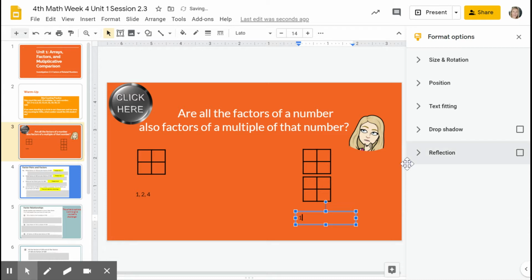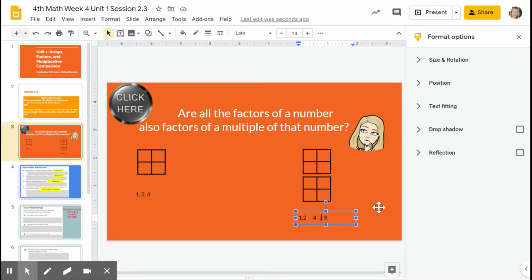We could do 1 times 8. I'm going to put my 8 at the end. We could do 2 times 4. Now for me, I'm just using my math facts to do this in my head, but you could also use the array if you needed to. 2 times 4. 3, no, and 4 is already done, 4 times 2.